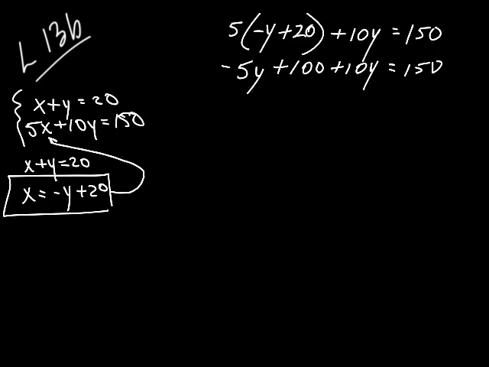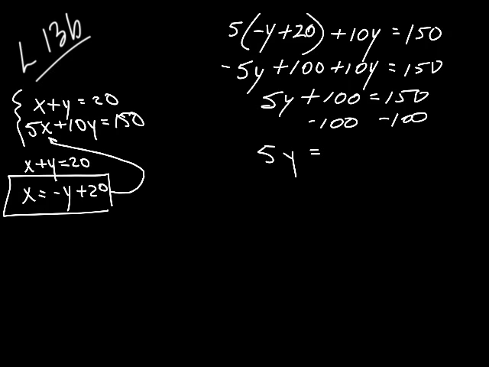So I'm going to combine those two. And negative 5y plus 10y is 5y. Subtract 100 from both sides. Again, this is probably just old hat for you. Divide by 5, y equals 10 for this one.